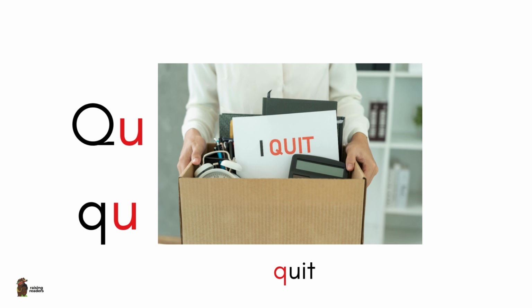But then the name already tells you that she has the U next to her. Look, K, U, Q. So you know that it's the Q and the U. They go together. So when you see it, it's that K sound, and then you know that it has the U. And she tells you right in her name. And you hear it in quit, and you hear it in quick. So super cool, right?